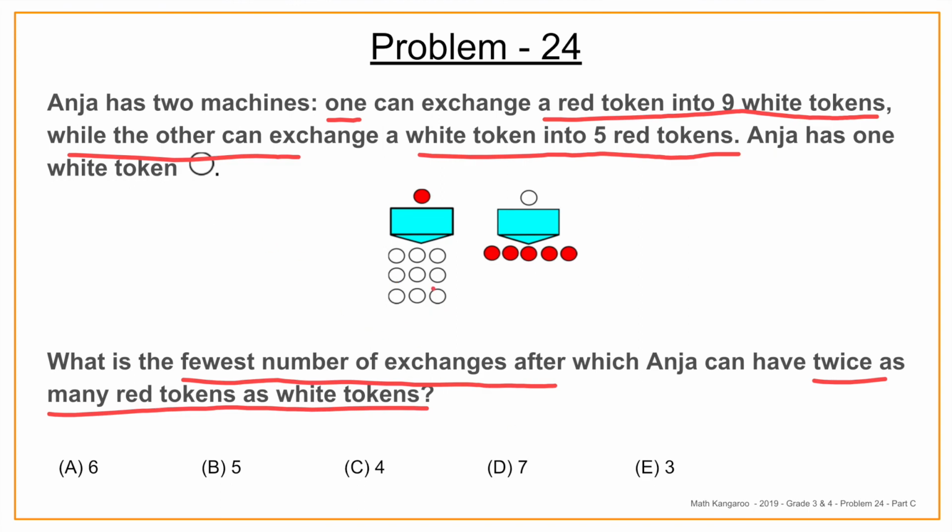Machine 1 exchanges 1 red token into 9 white tokens. Machine 2 exchanges 1 white token into 5 red tokens. The goal is to figure out the fewest number of exchanges needed for Anja to have twice as many red tokens as white tokens. Strategy: let's track the number of red and white tokens after each exchange and see how we can reach the desired condition.